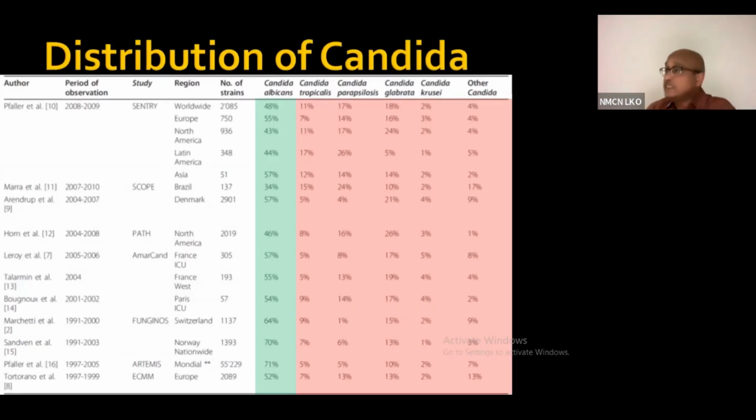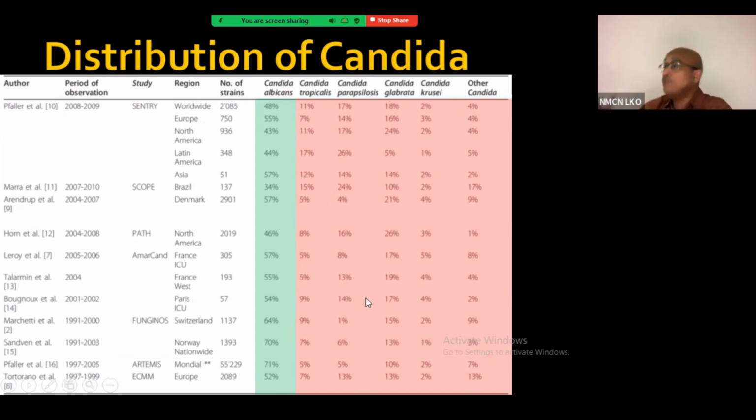So why is it changing? Normally, we believe that Candida albicans is the most predominant one, but remember, it is changing. All this literature, which is shown on the left-hand side of all these studies, the green is the albicans and the whole pink side is the non-albicans.